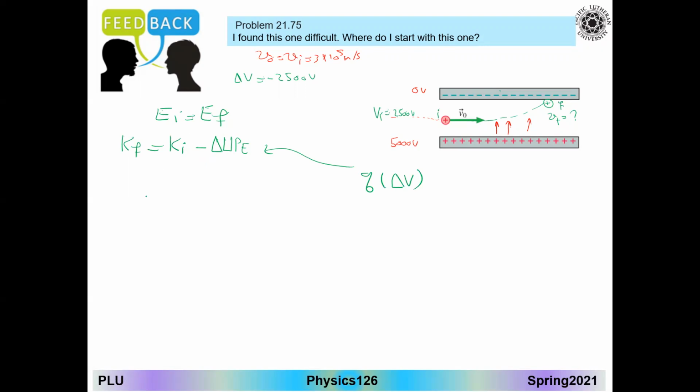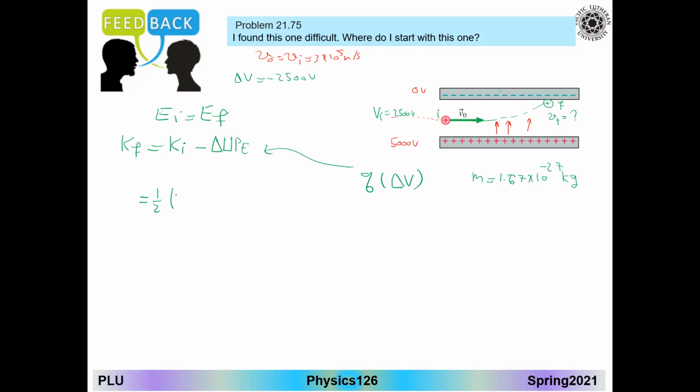Okay, so now we have all of those, so I can find my K final. The K final I have here is half M, where M is the mass. Don't forget, guys, M for the proton is 1.67 power to the minus 27 kilograms.